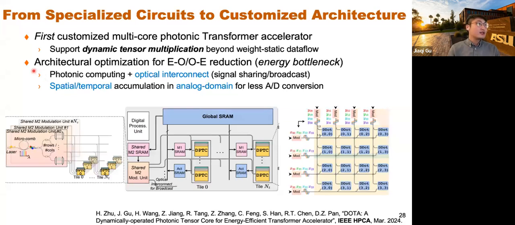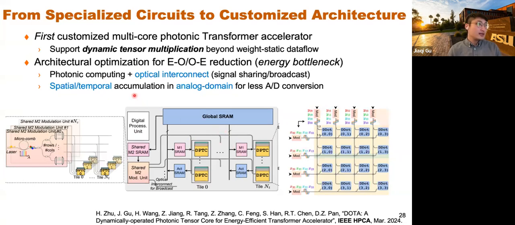And also we have various architectural optimizations to remove the electrical-optical conversion bottleneck, right? Which is the energy bottleneck. We have the optical computing core, which is the red core here, for tensor product. We also have the optical interconnect, those waveguides for signal broadcast and signal sharing. We can directly reduce the signal modulation cost and the data movement cost.